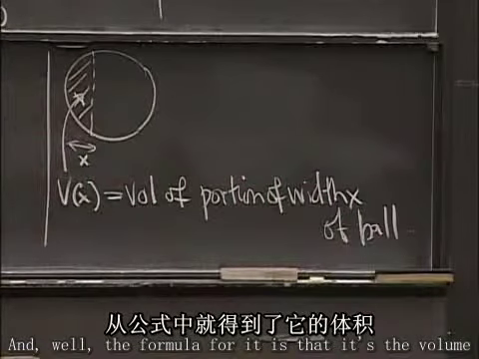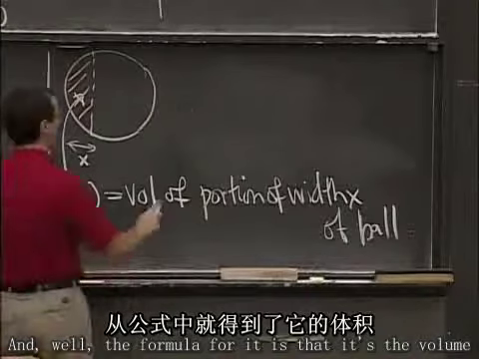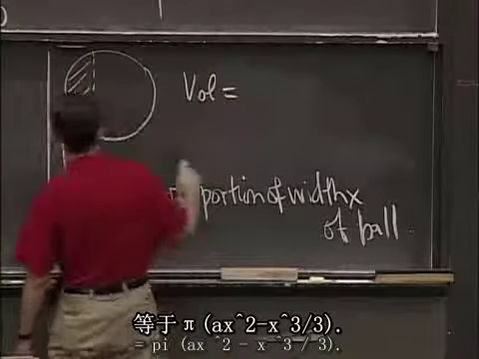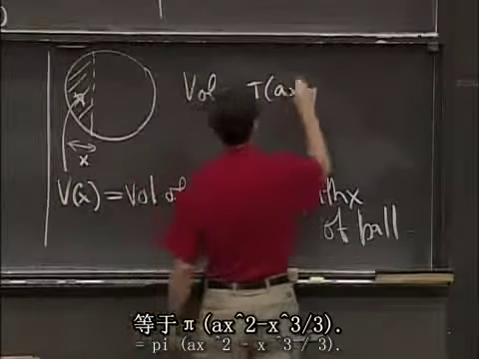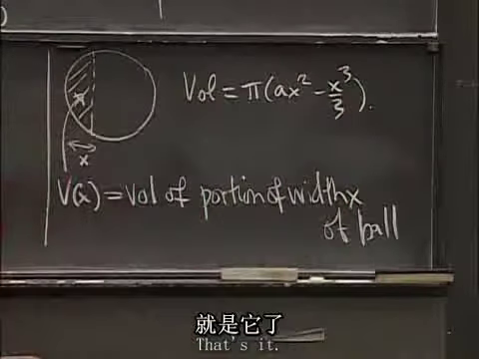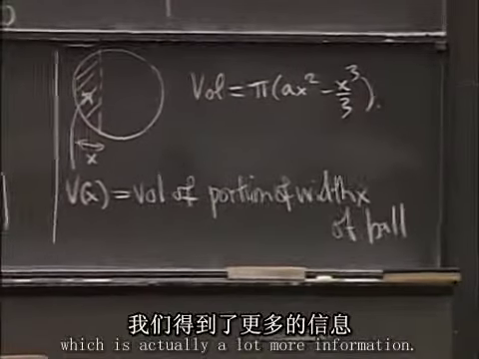And the formula for it is that the volume is equal to pi ax squared minus x cubed over 3. That's it. So we've got something which is actually a lot more information.